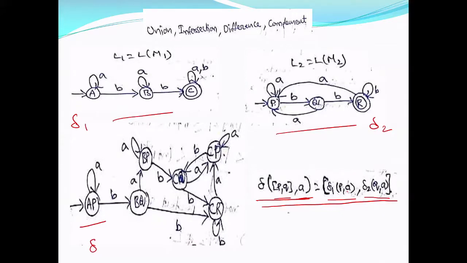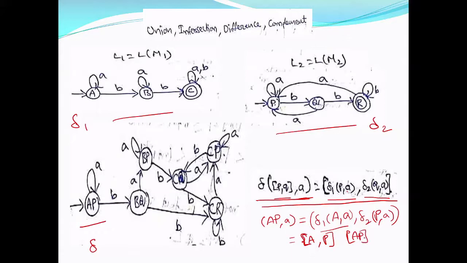So if I go for AP, the state AP on A is nothing but delta 1 of A on A, that is for M1, and delta 2 of P on A. When the input symbol is A, then A on A in M1 will tell you to go to A. So I will go to A. Then P on A is going to P. So it is AP. Simply I have renamed it as AP. So AP on A is AP.